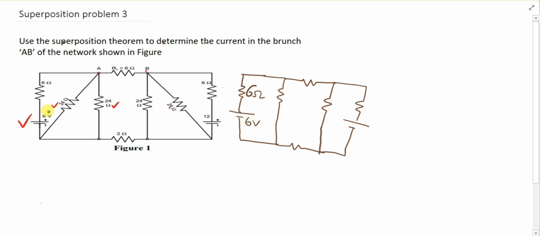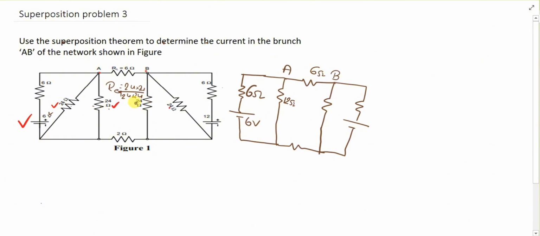Since these two are in parallel, R equivalent is equal to 24 into 24 upon 24 plus 24, which will give you 12 ohm. Then this one is point A and this one is point B. It will remain 6 ohm.